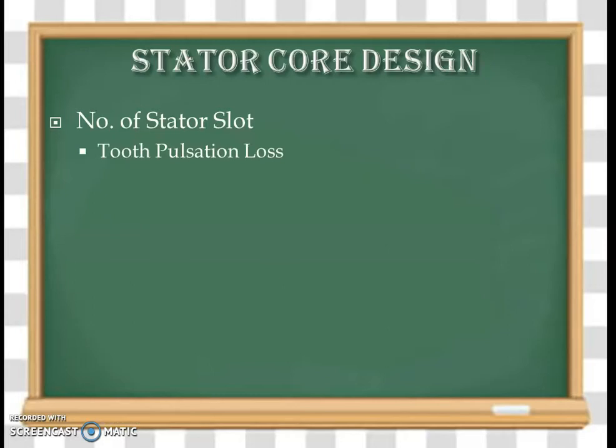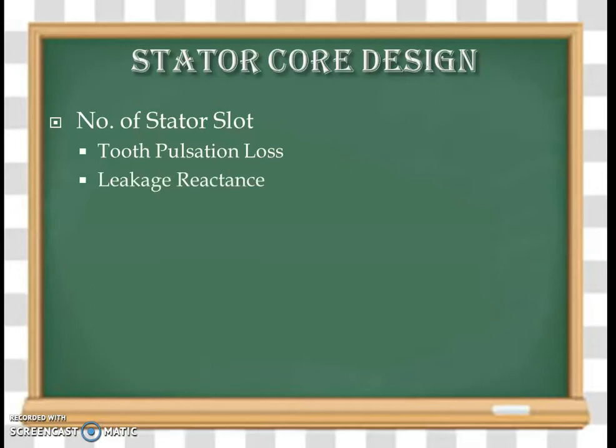Let us consider one by one. The first is tooth pulsation loss. By using large number of narrow slots, variation in the air gap reluctance can be minimized and hence tooth pulsation loss is very less and operation is without noise.